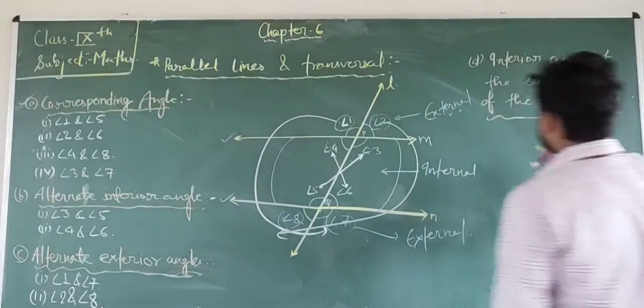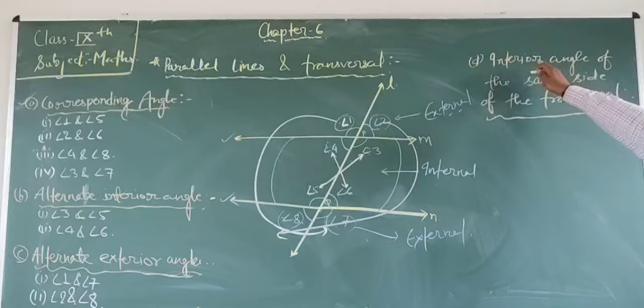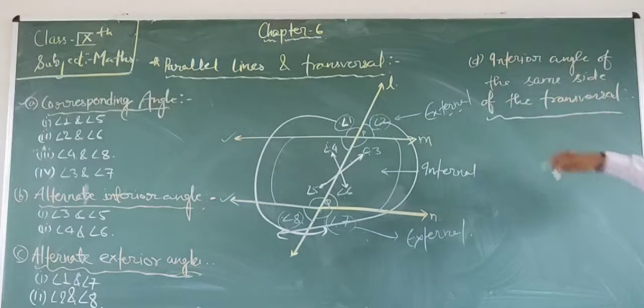Now we have one more kind of angle: interior angles on the same side of the transversal. Interior means the internal area, from there to there, and the transversal is L. On the same side there are angle 3 and angle 6, both in the internal part and on the same side of the transversal.